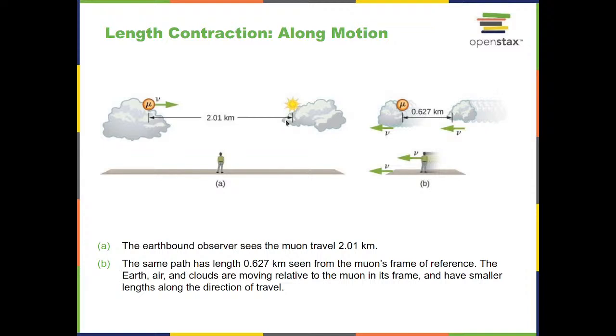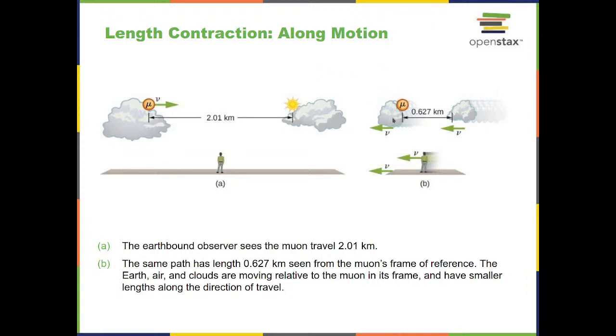This is the rest frame of this measurement, because the observer is not moving with respect to the points where they're measuring the length from. The observer is in the same frame of reference as the length where the events actually happen.